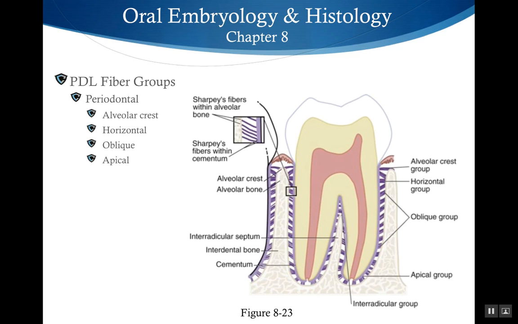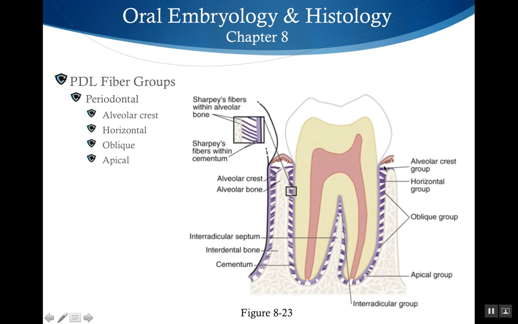And we're going to talk about those. The periodontal fibers are the first type of fiber groups. Those fibers support the tooth in the socket. And you can see here in this figure, the periodontal fibers consist of 4 fiber groups named for their location.